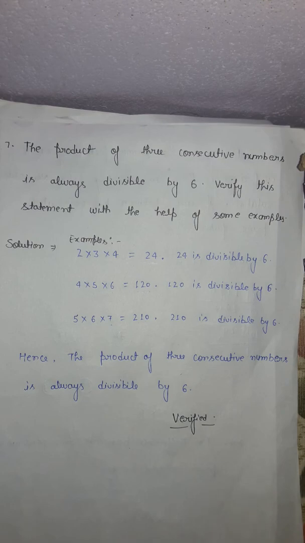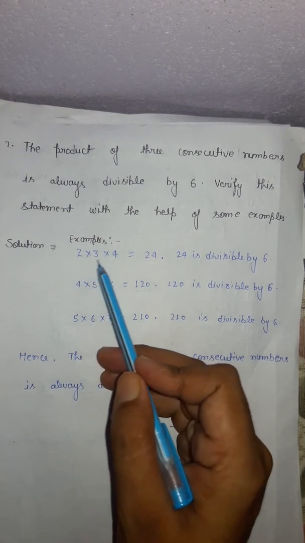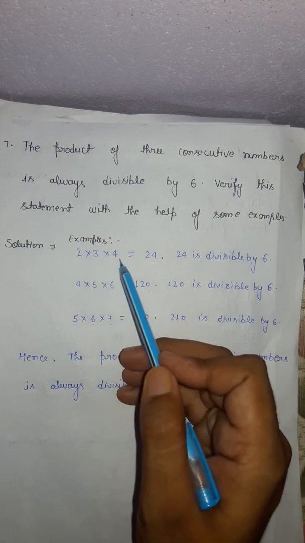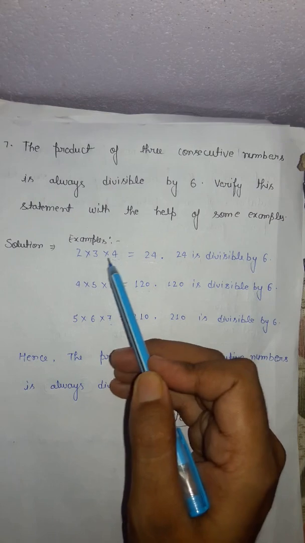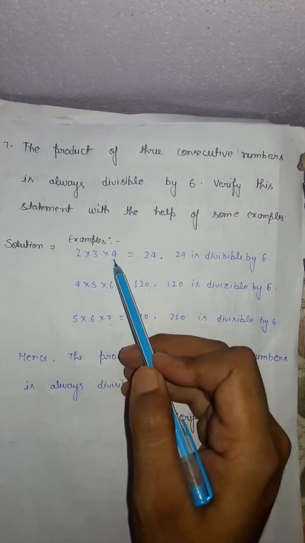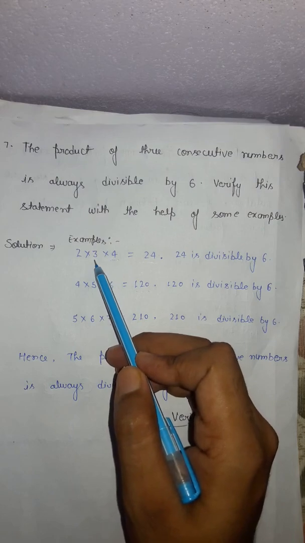Why is it divisible by 6? If we want to know, then you can see that if we take any three consecutive numbers, there is always one multiple of 2 and one multiple of 3. You can see that 2 and 4 are multiples of 2 and 3 is a multiple of 3.